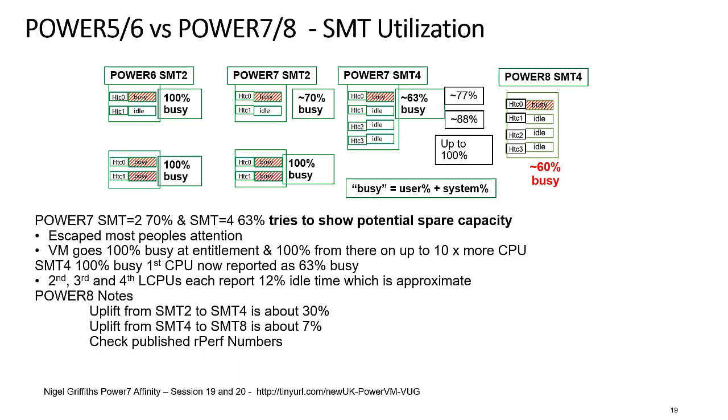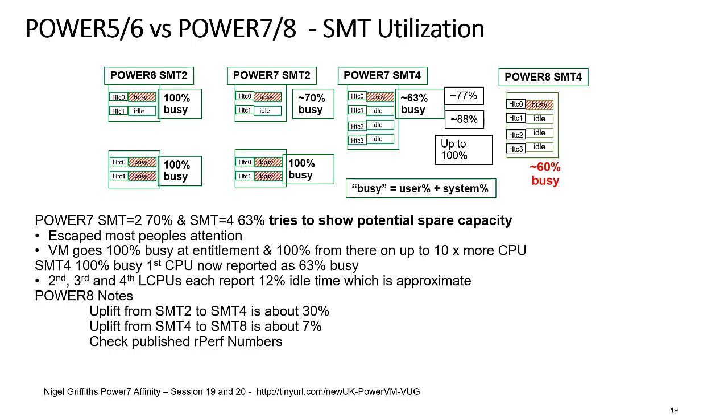And I talked about SMT utilization a little bit before. What used to happen with Power 6 was if one of the 2 threads was busy, or both of the 2 threads were busy, in both cases it showed as 100% busy, even though because of SMT, you could run about 30% more workload if it was SMT friendly.